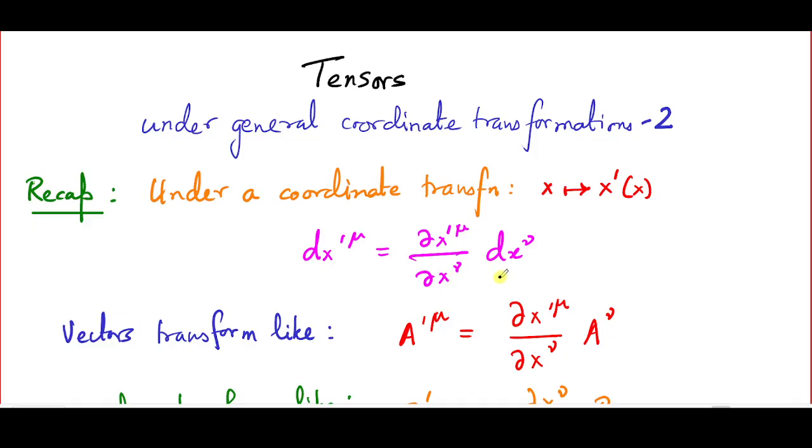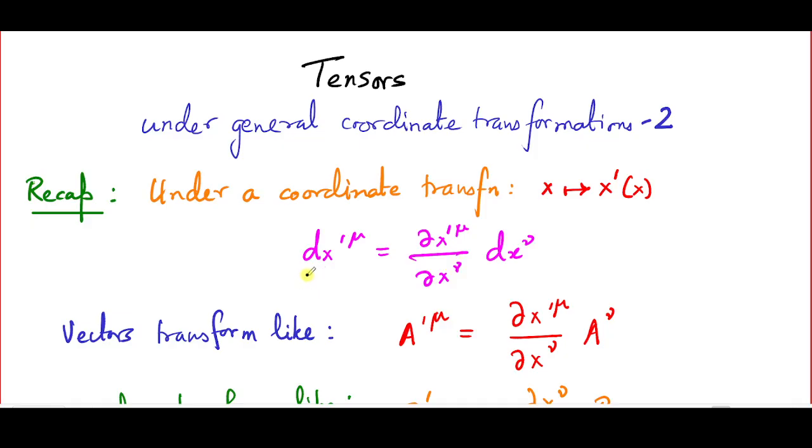This is nothing but the standard formula for the total differential in partial differential calculus. Here, of course, we are assuming the Einstein summation convention that an index which is repeated upstairs and downstairs, as a superfix and a suffix, is to be summed over.